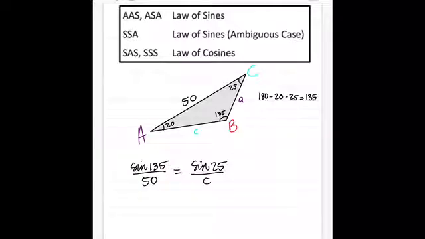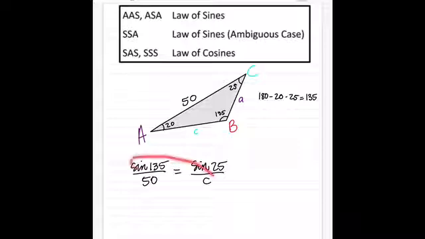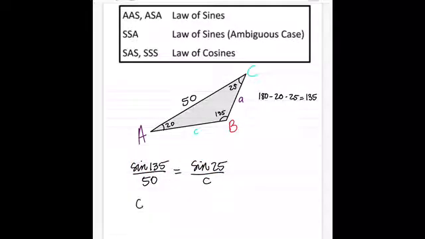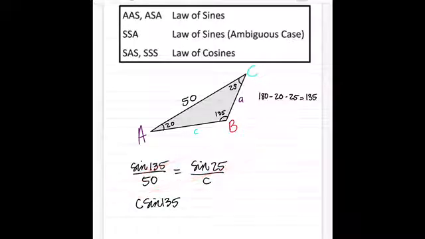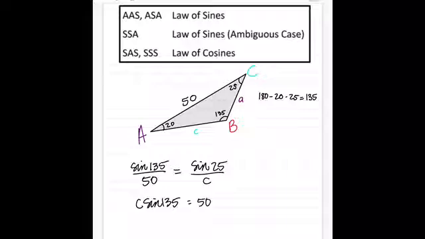Now, this is a proportion, technically. So I'm going to cross multiply right here, and that's how I get C sine of 135. I'm going to cross multiply again. So that's going to be equal to 50 sine of 25.